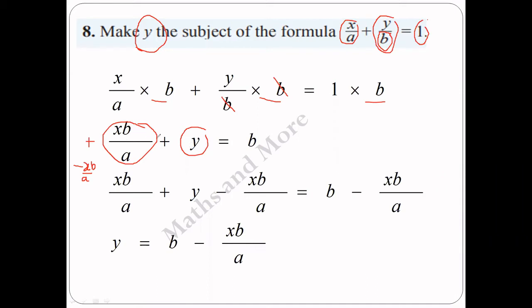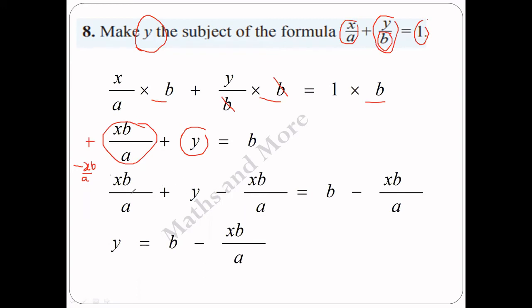Copy the left hand side again: XB over A plus Y. Now put this here: XB over A plus Y minus XB over A, equals B, again this one, minus XB over A, because we want to put minus XB over A to both sides. So write minus XB over A on both sides to cancel out this XB over A.